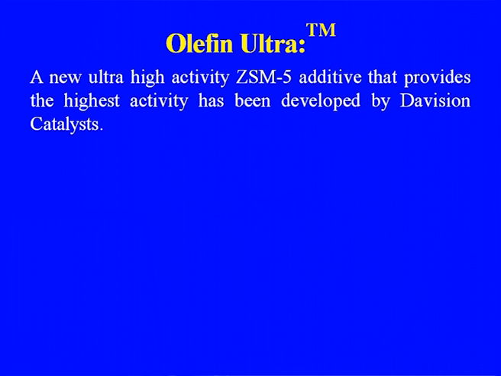Olefin Ultra, a new ultra high activity ZSM-5 additive that provides the highest activity, has been developed by the Catalyst Division, because this is one of the largest catalyst manufacturing units in the world. Continuous development is going on in the various catalysts, whether it may be the reformer catalyst or the FCC catalyst, for increasing the yield of propylene.